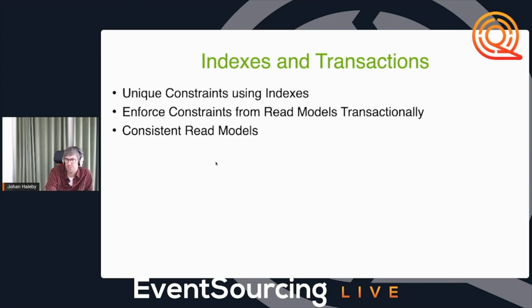For example, if I have a constraint that a person can only have one email address, then you can enforce that with indexes. And if you have a use case where a manager can only administer one particular account at a time, you can enforce that by using transactions. And using transactions, you can also get consistent read models. I think this actually works pretty well in my experience.